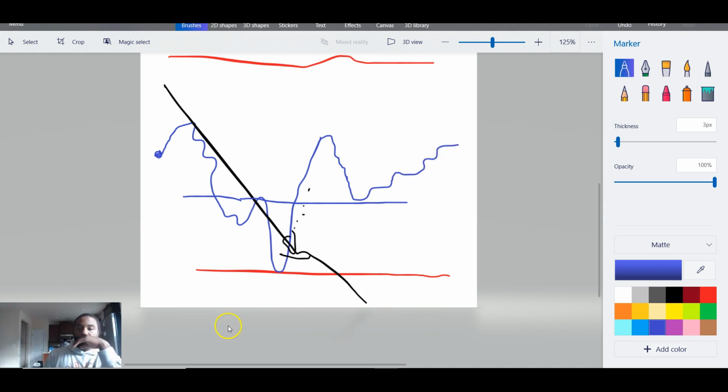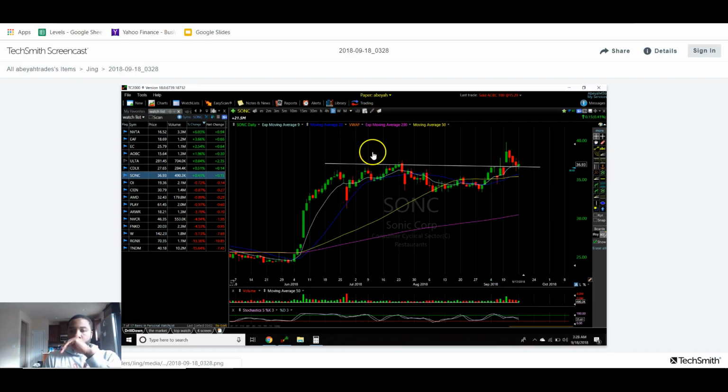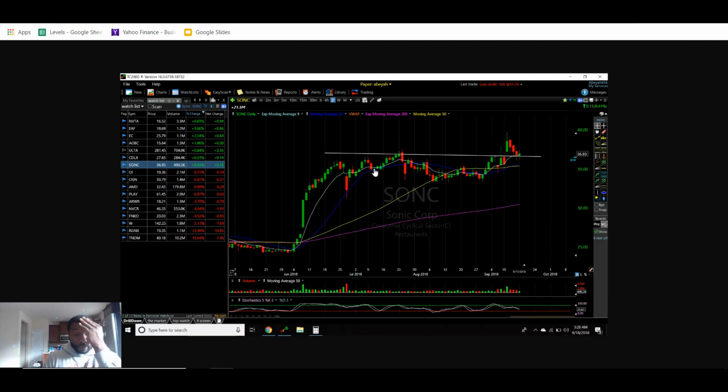Right? Look at all those flags. This is an example of a pullback to price support, or what a lot of traders like to call a retest. So it's a breakout retest, right?